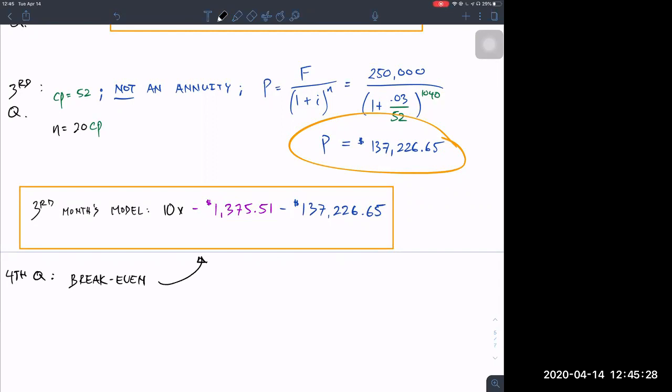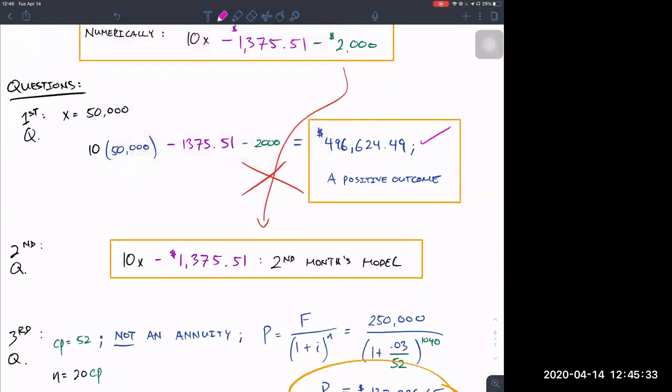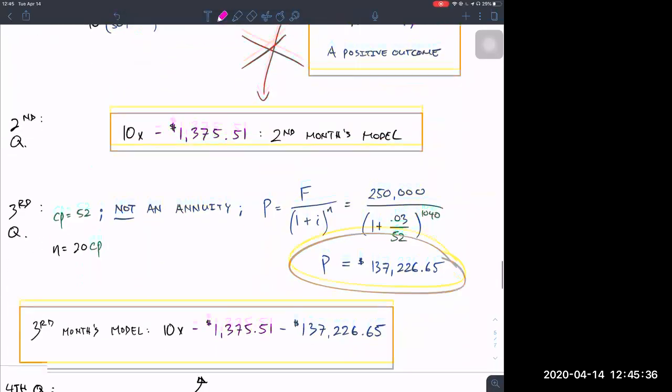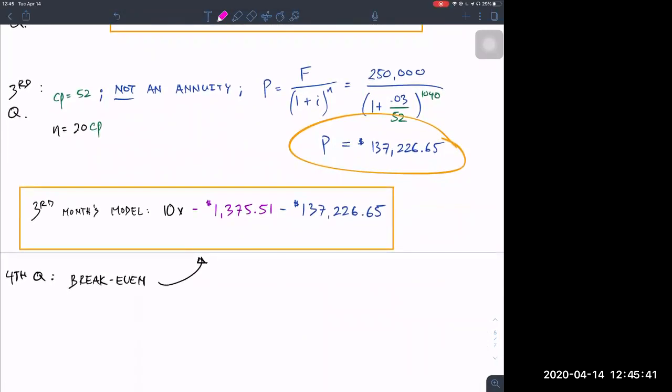That's another reason why we don't want to focus on this 496,000, or having to carry that over for the third month or for break even. We want to keep the months individualized, because it's kind of like an Excel spreadsheet, right? You look at your monthly expenses and see if you're in the black or in the red, in profit or at a loss, whatever the case may be.